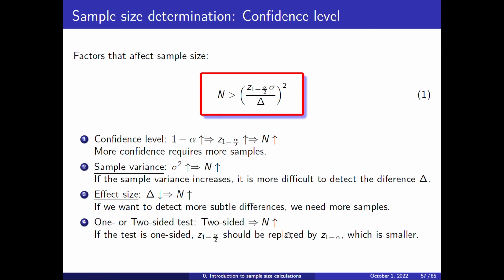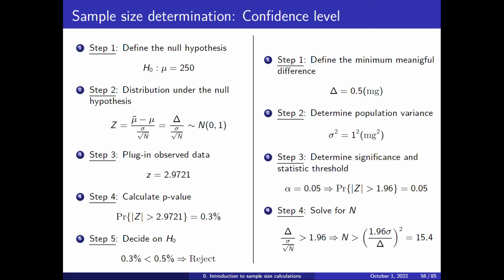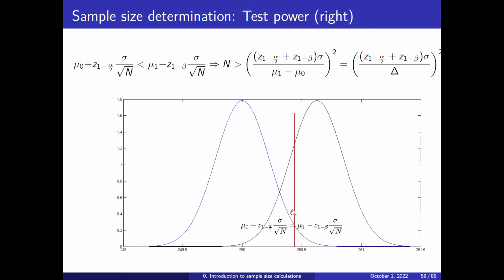Instead of solving for n here, we are solving for the observation, the mu hat. This is my critical value. If my observed mean is not farther than this line, I will not reject the null hypothesis.